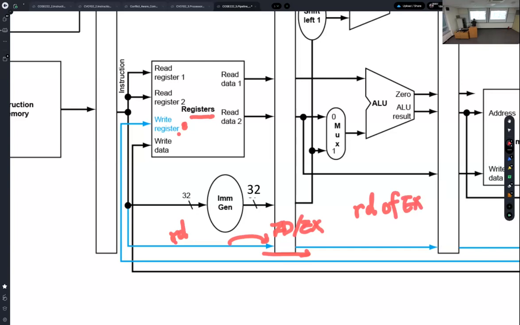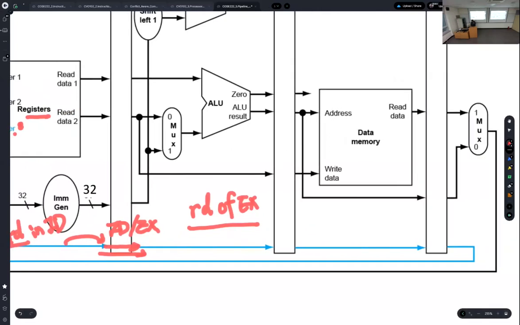Do you understand? So this is the RD in ID stage. But if the RD passes through the ID and EX pipeline register, then this RD becomes the RD in EX stage, right? And what is this RD?